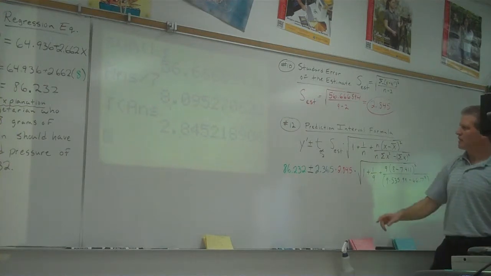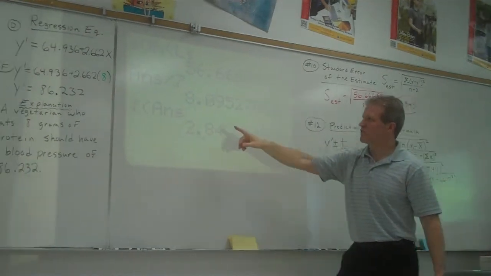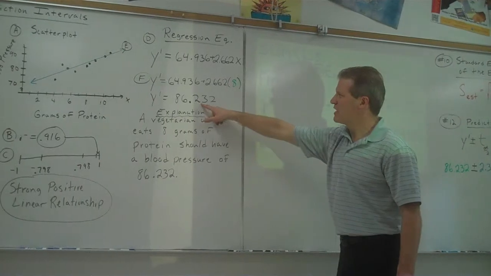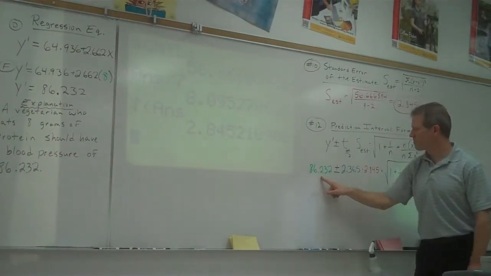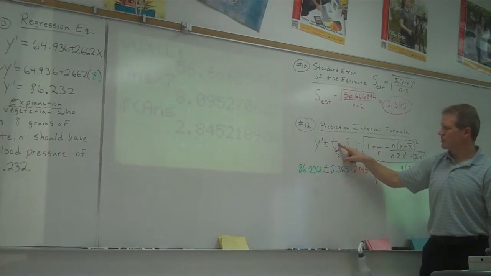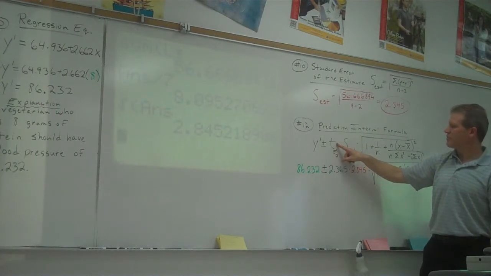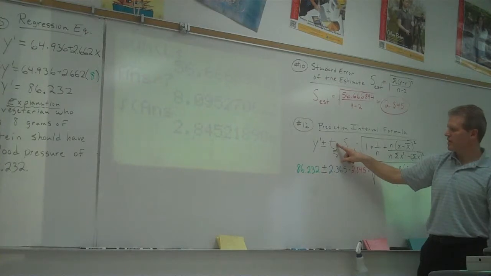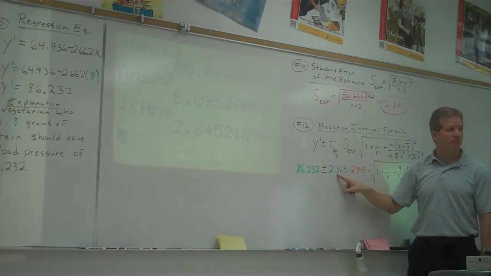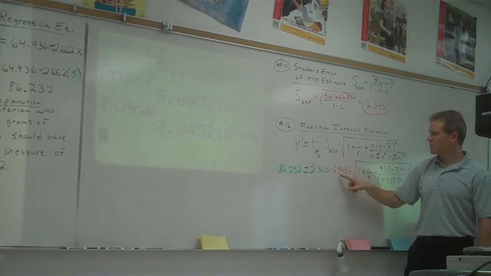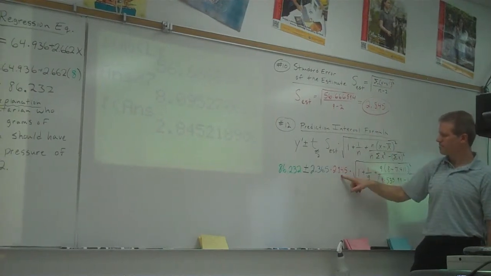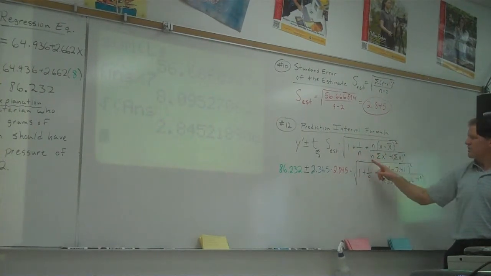So, if you plug 8 in for x, we did that over here, we got a y prime of 86.232. To get your t-score, you go to your t-chart, go to 95%, because that's what the question's asking for. Go to degrees of freedom of 7, 9 minus 2, that's your t-score. Your standard error of your estimate would come from number 10, right here. Plug all these values in.